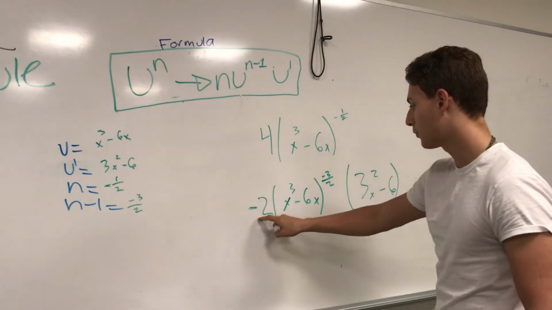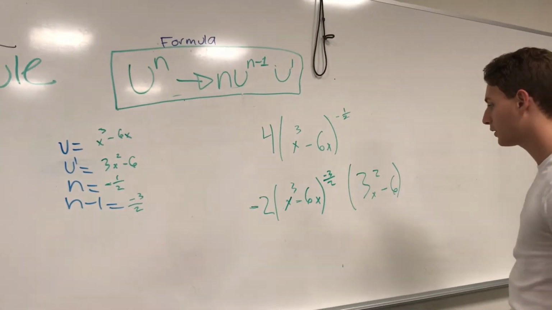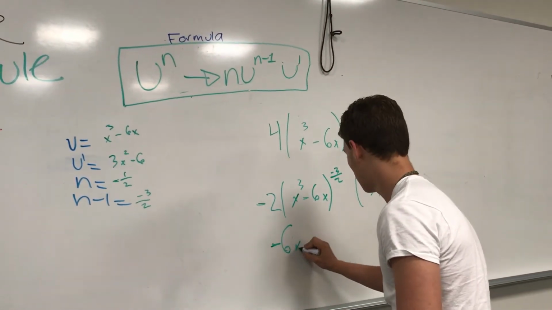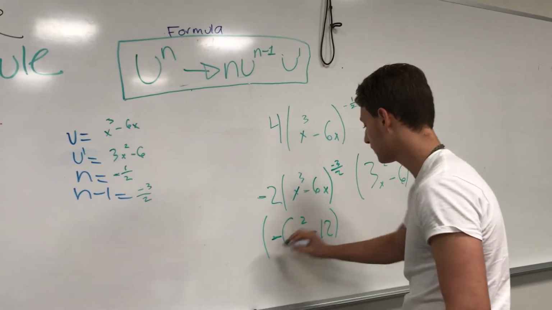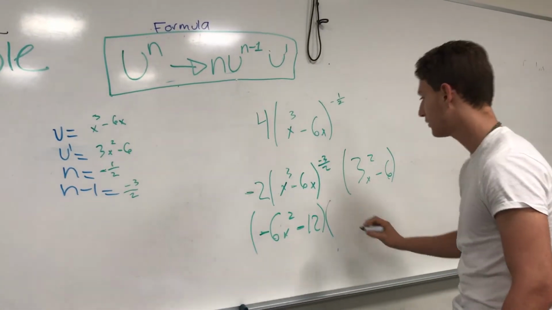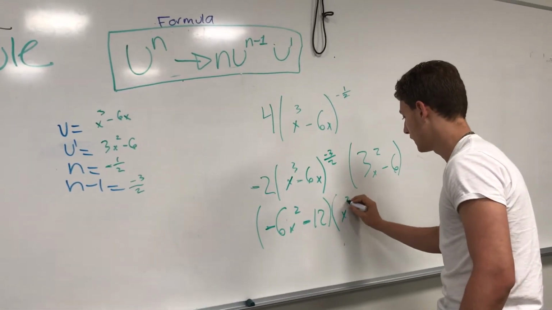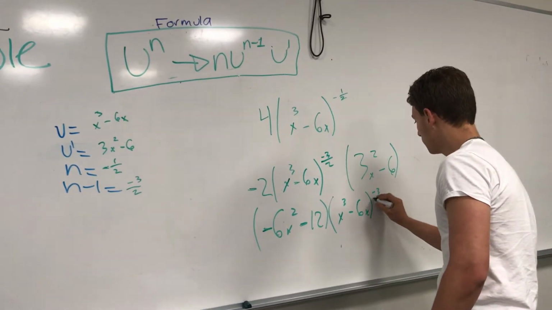So right here we're gonna multiply minus 2 times this, because this does not have an exponent, which will bring us to minus 6x squared minus 12, parenthesis, and times u, which is x cubed minus 6x to the minus 3 out of 2.